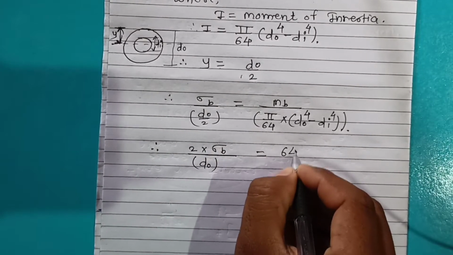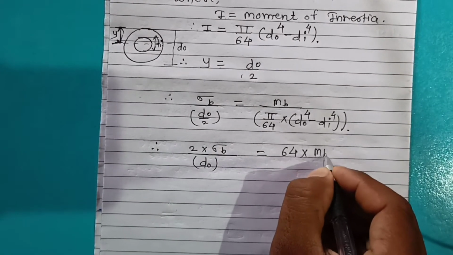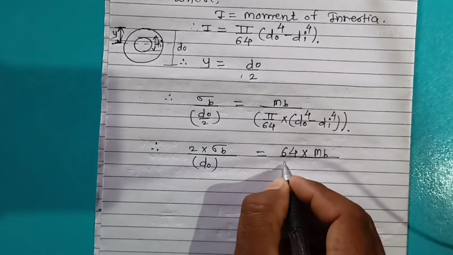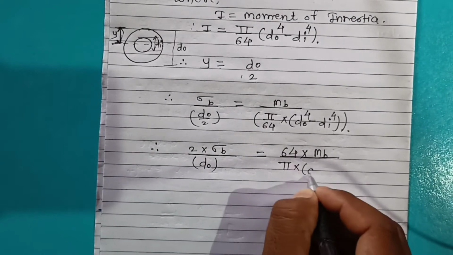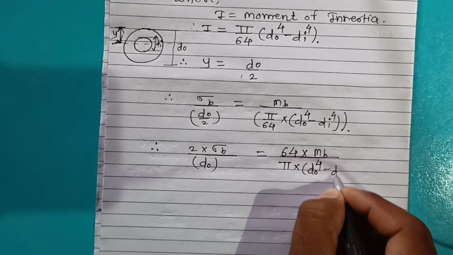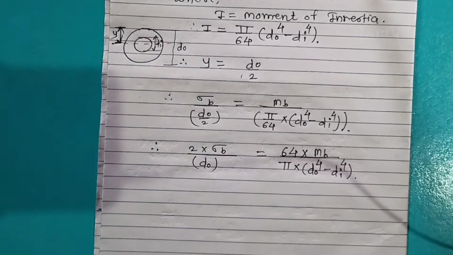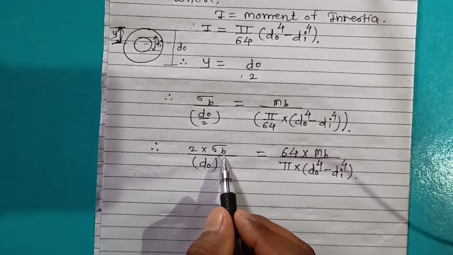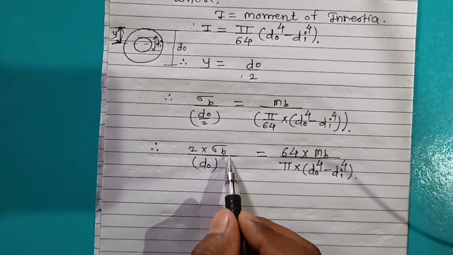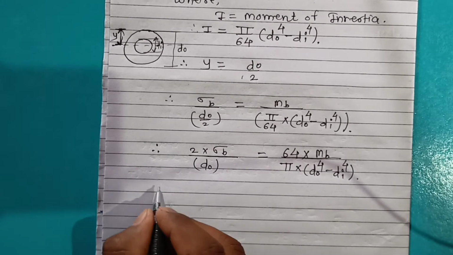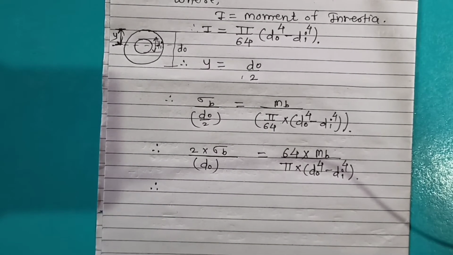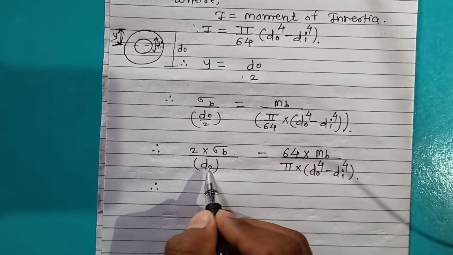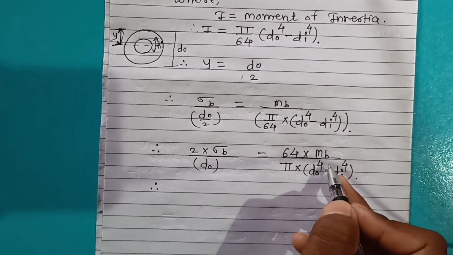It is nothing but 64 into Mb divided by pi into do raised to 4 minus di raised to 4. Now from this equation, we want to calculate the value of sigma b, and sigma b is nothing but bending stress. To rearrange, all the terms available on this side are taken to this side.